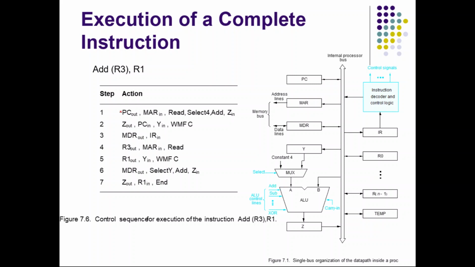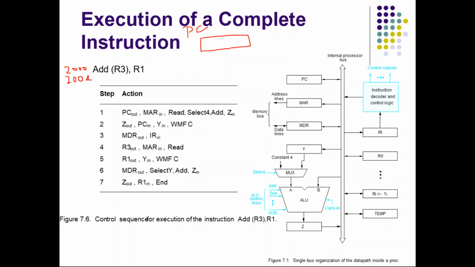Let us try to understand what that is. Normally, the address of the next instruction will be stored in the PC. This is the instruction which you want to execute. Let us assume that this instruction is available at address 2000, so the next instruction will be available at address 2004.